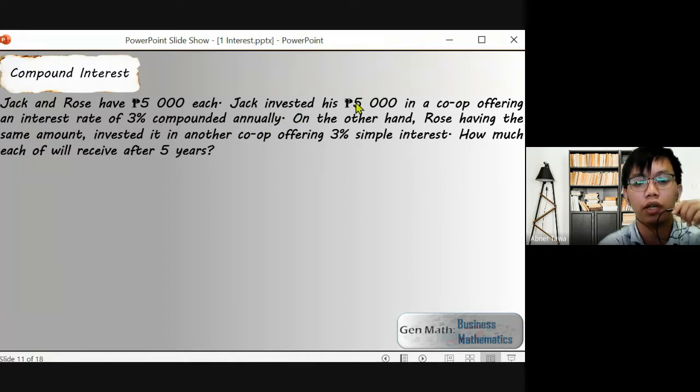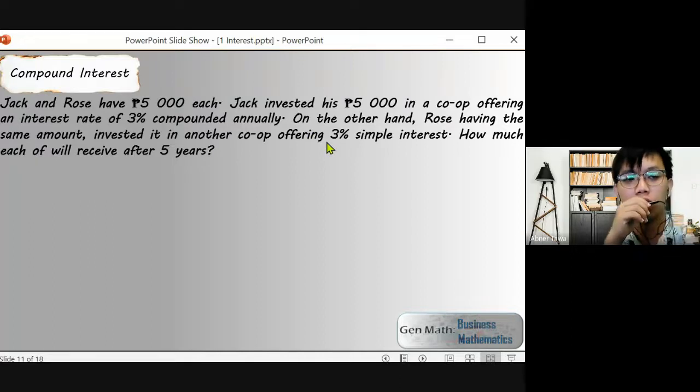So, on the other hand naman, si Rose, ininvest niya yung 5,000 niya sa co-op, wherein nag-offer siya ng 3% simple interest. On the other hand, kay Mr. Jack, ang offer sa kanya is 3% compounded annually. So, the question here is, how much each of them will receive at the end of 5 years?